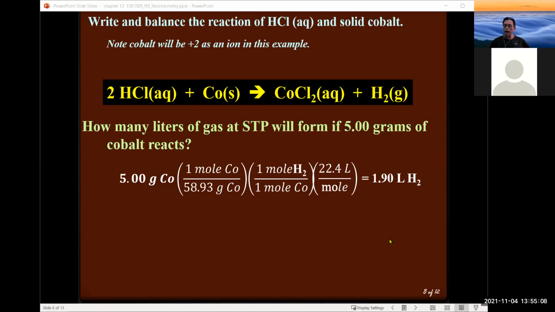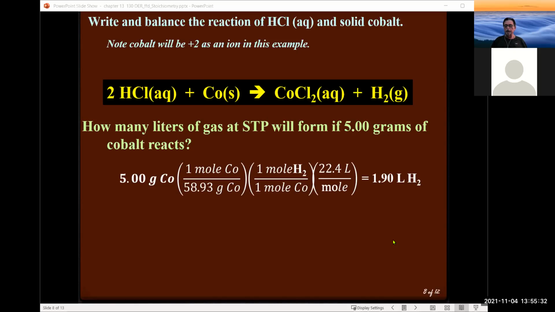Calculate. So if you start off with 5 grams of cobalt and you happen to be at 0 degrees Celsius, which is STP temperature, okay, and 1 atmosphere, I will create almost 2 liters of hydrogen gas, well, 1.90 liters of hydrogen gas, okay?